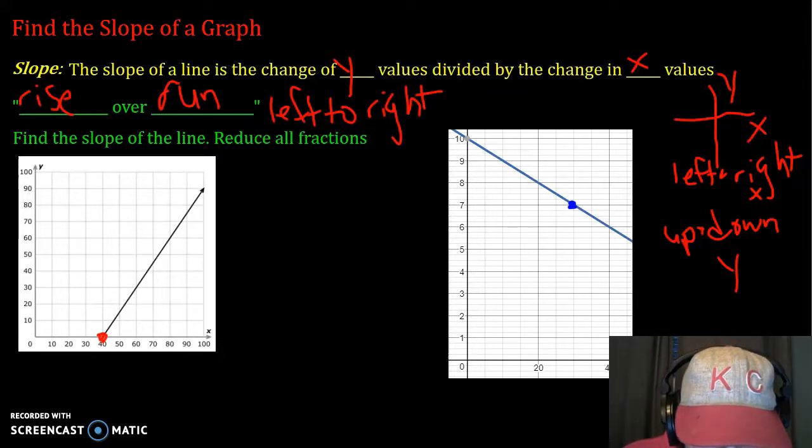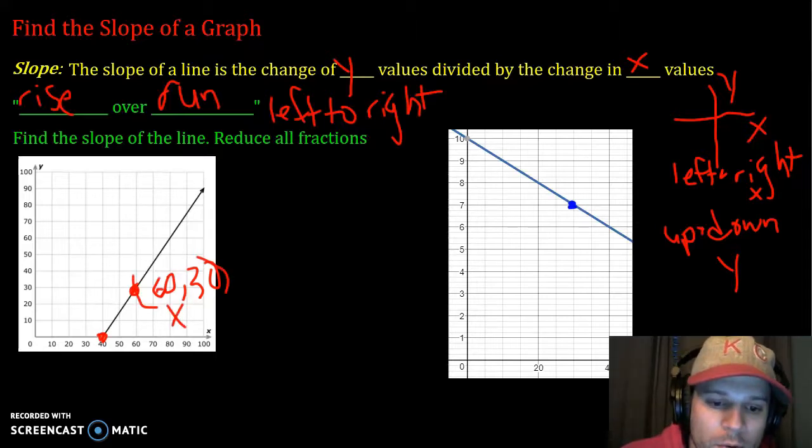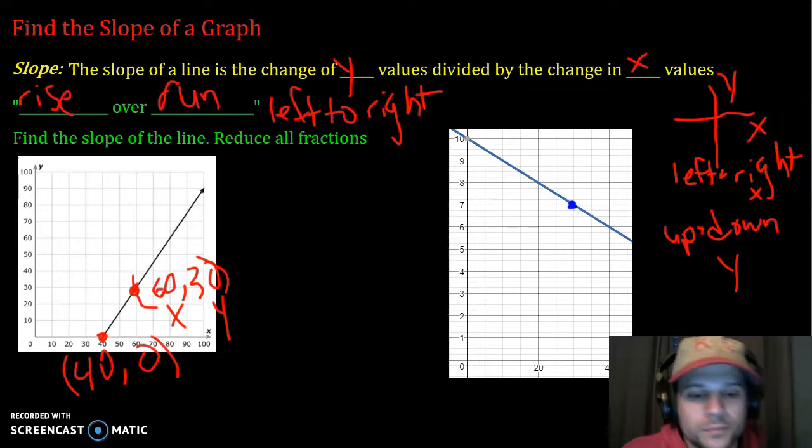Then the next time it crosses a point is all the way up here, and that point's coordinates are 60 and 30. X is always listed first because it's alphabetical order. The first point, again, I'll write here, is 40 and 0.